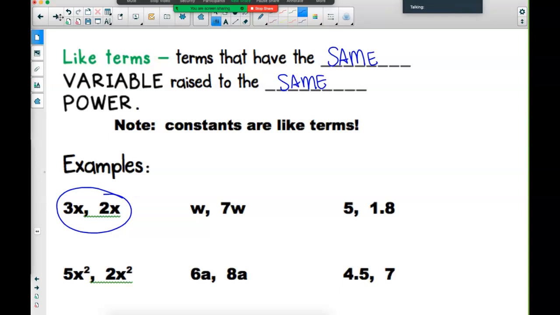Okay. w and 7w are like terms because they both have a w. I could put a 1 in front of the w. They're still like terms. 5 and 1.8 are like terms because they're just numbers. They don't have a letter at all. So they are like terms.